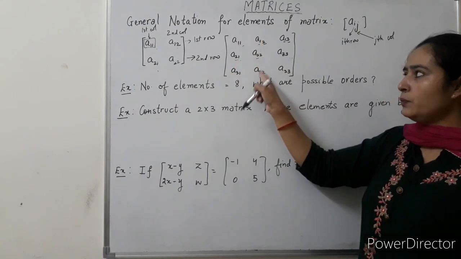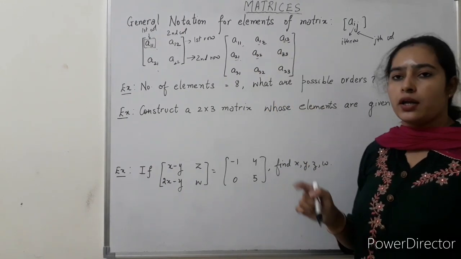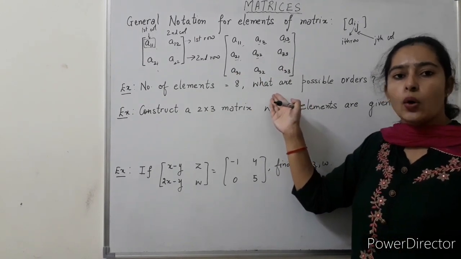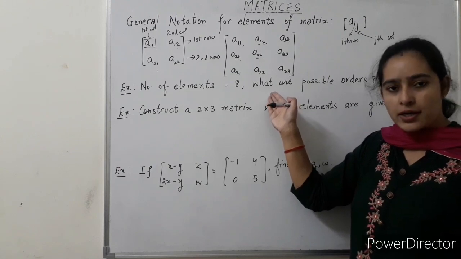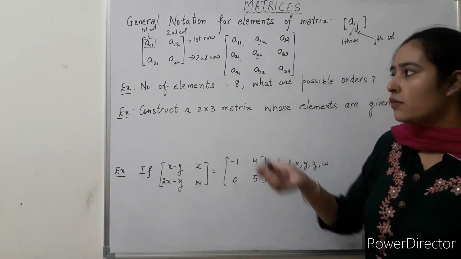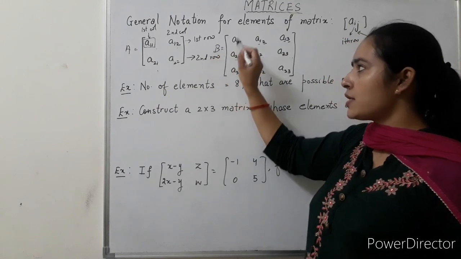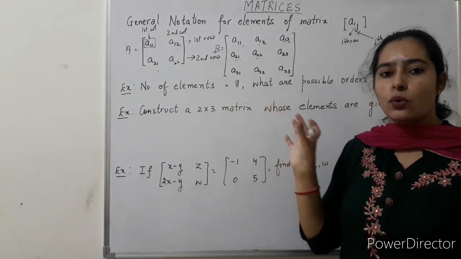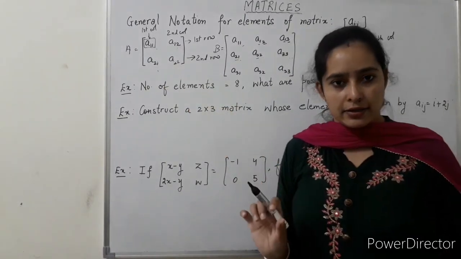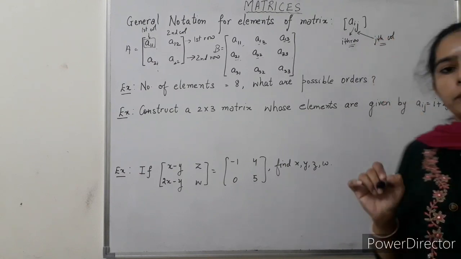This is second column, this is 2, and here is third column. So here is 3. Similarly in third row. So this is the way we generally denote the elements of the matrix, and we denote the whole matrix with capital letter. For example, you can write A equal to this, you can write B is equal to this. The whole matrix is denoted by capital letter and elements are usually denoted by small letters with suffixes showing the row number and column number.